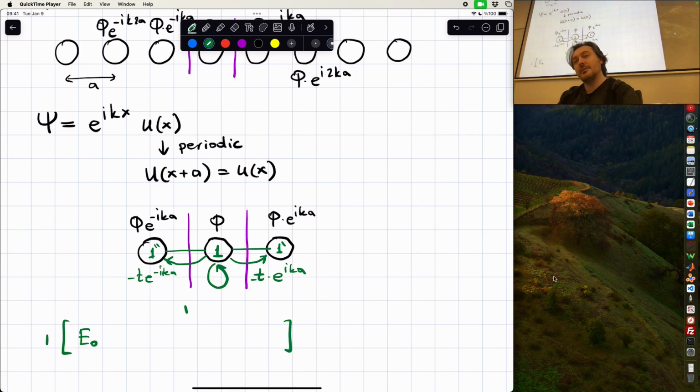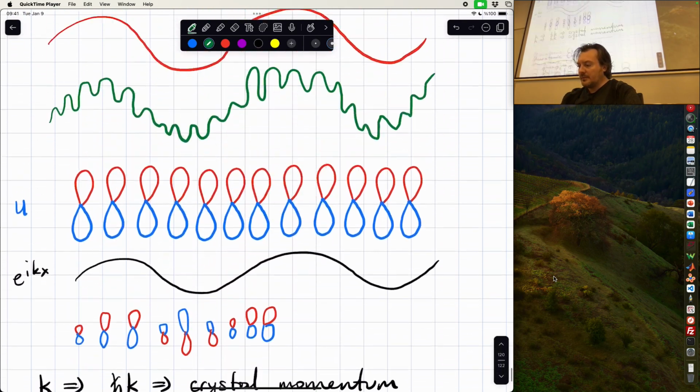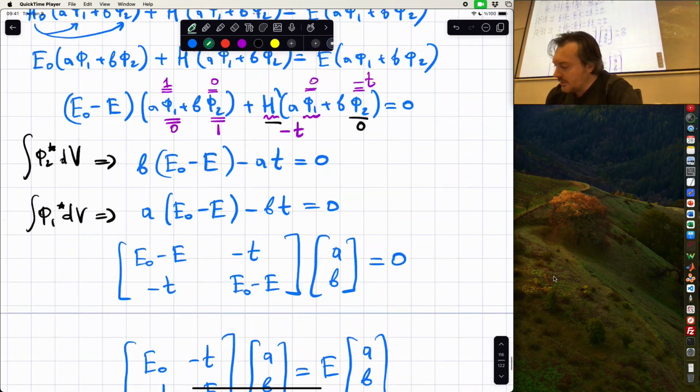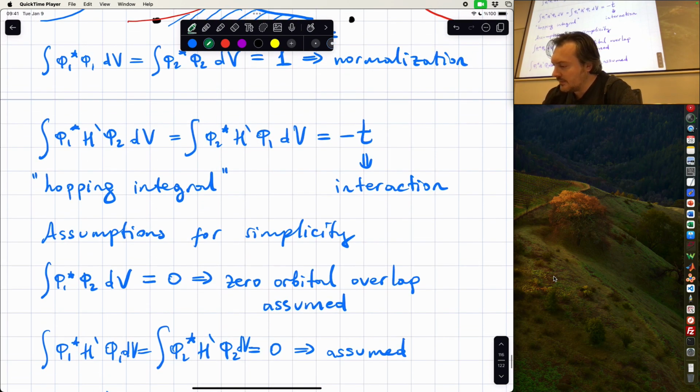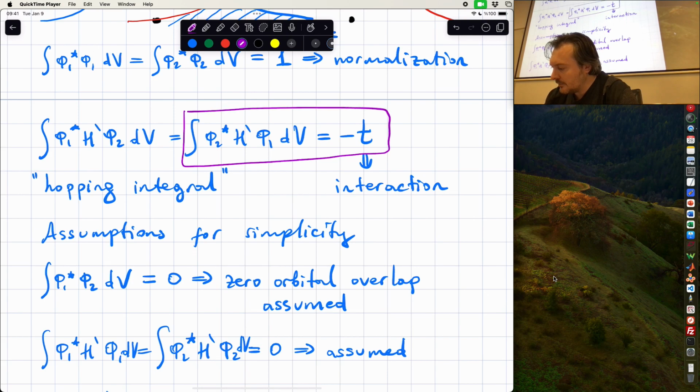Now, why do we need to do this? Because let's go really back to the definition of t. Do you see the definition of t over here? Yes? It's an overlap integral, right? So if your overlap integral, phi star Hamiltonian prime phi, is equal to minus t, there's dV here.